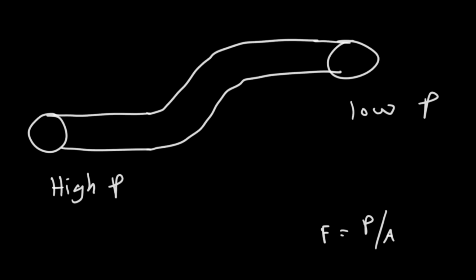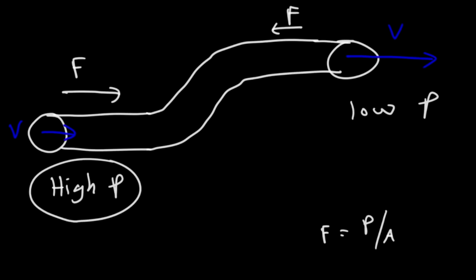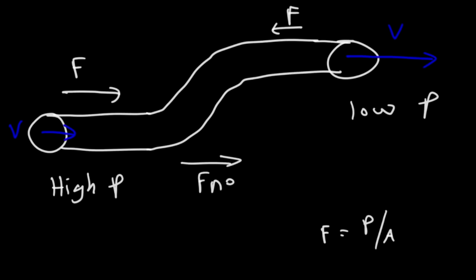So anytime there's a pressure, there's a force exerted. The velocity on the left side is lower than the velocity on the right side. So on the left side, there's a stronger force than the force on the right side because the pressure on the left side is higher. And so we have a net force that accelerates the fluid towards the right.